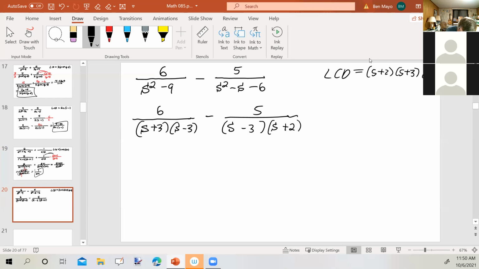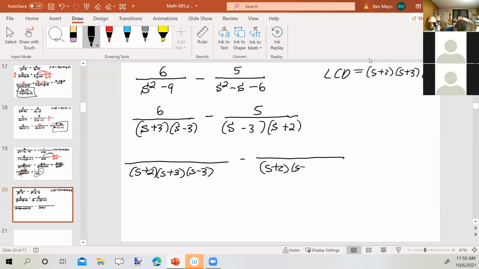Okay. So now we need to get to here, and here. So the first fraction is missing a factor of s plus 2.